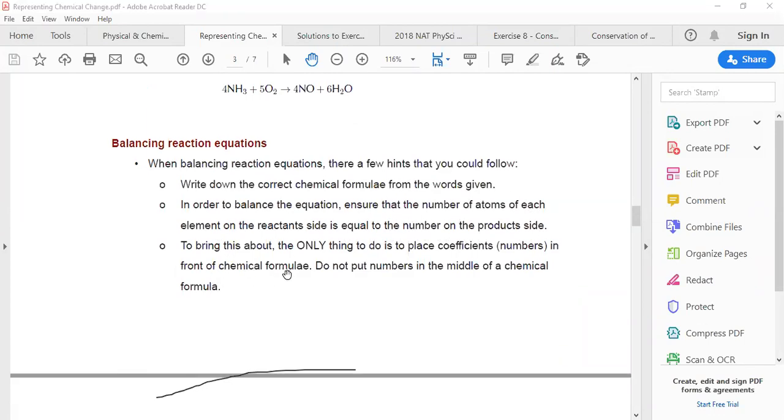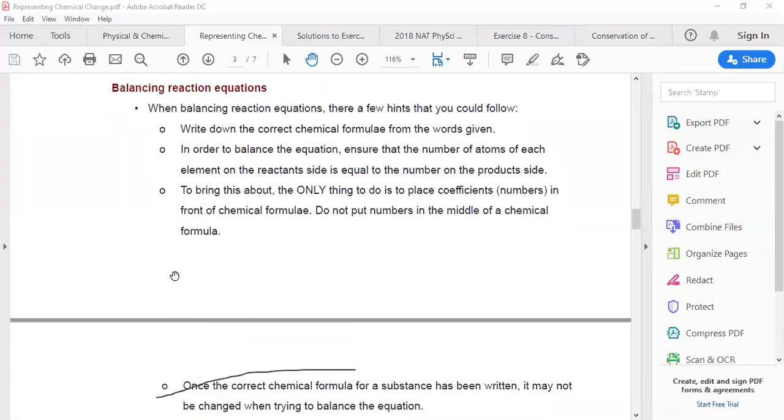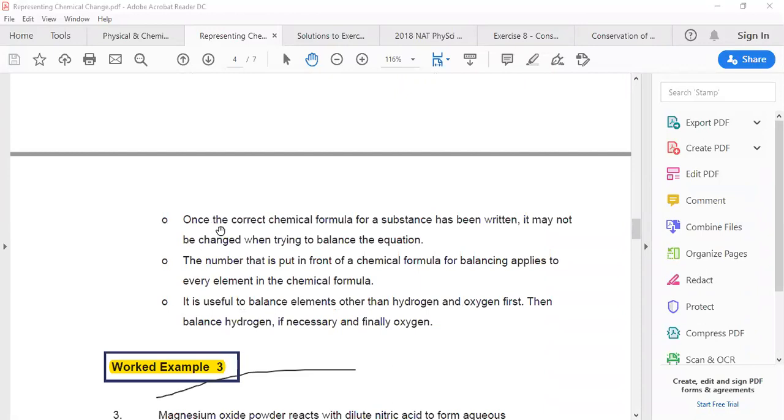Right? To bring this about, the only thing to do is to place coefficients in front of the chemical formulae. Don't put them as a subscript, only put them as a coefficient. Do not put numbers in the middle of a chemical formula. Once the correct chemical formula for a substance has been written, it may not be changed when trying to balance the equation.